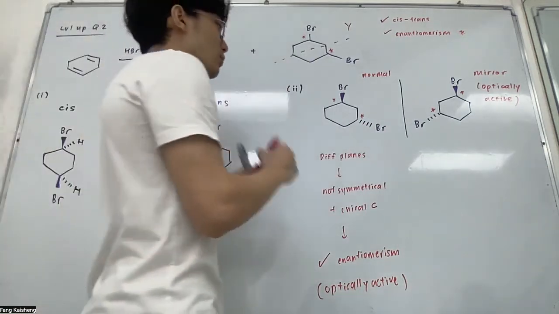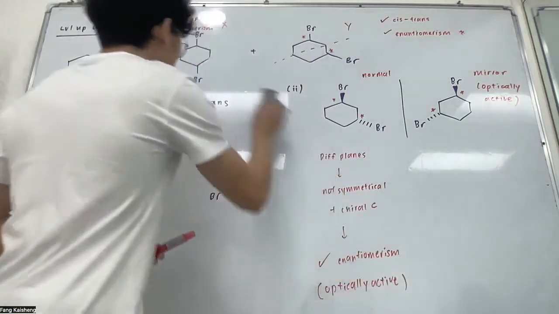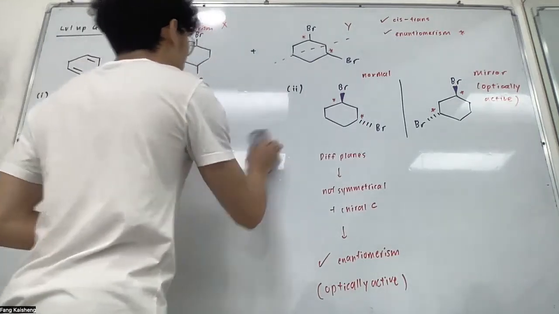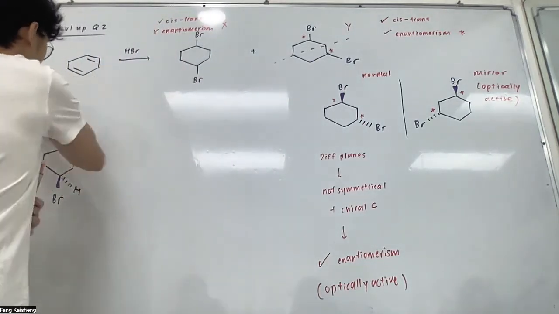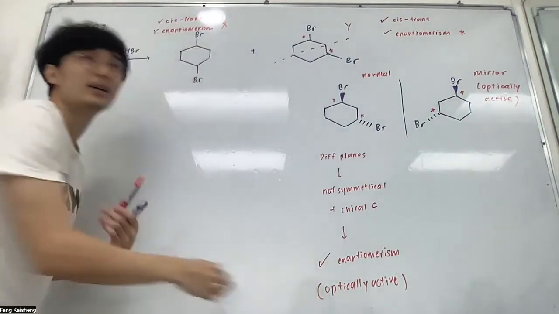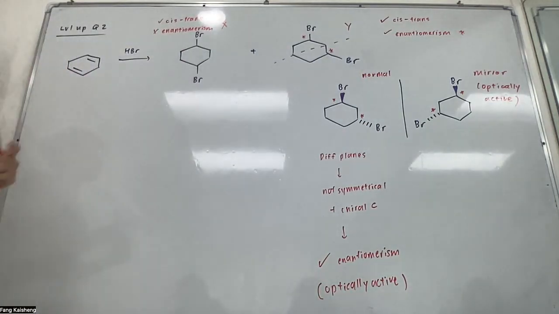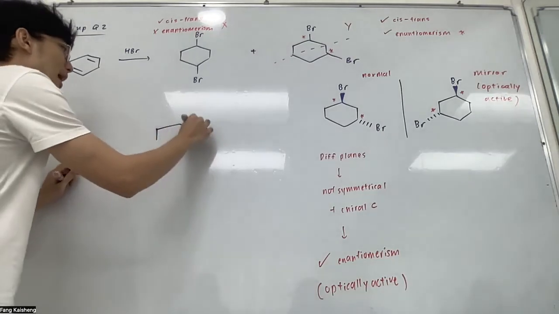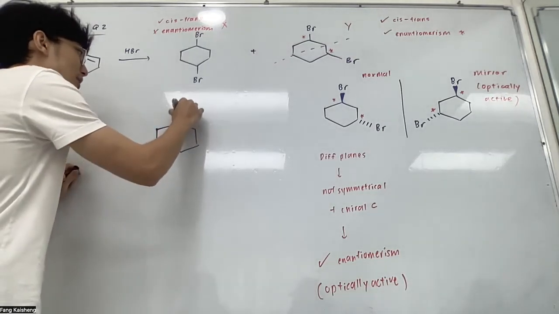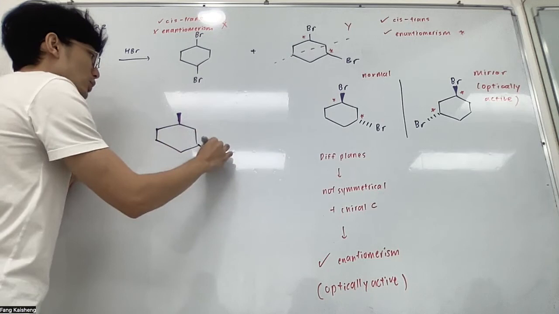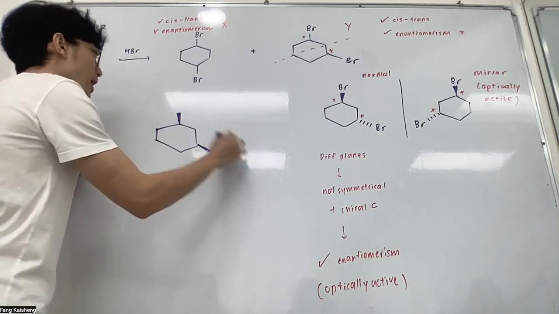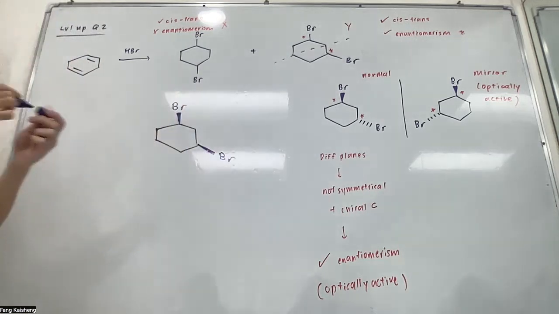Good. Okay, let's repeat the same thing. Why is it that same side is not optically active? If the bromines are on the same side, so if this is solid, this is also solid, right? Why is this not optically active?